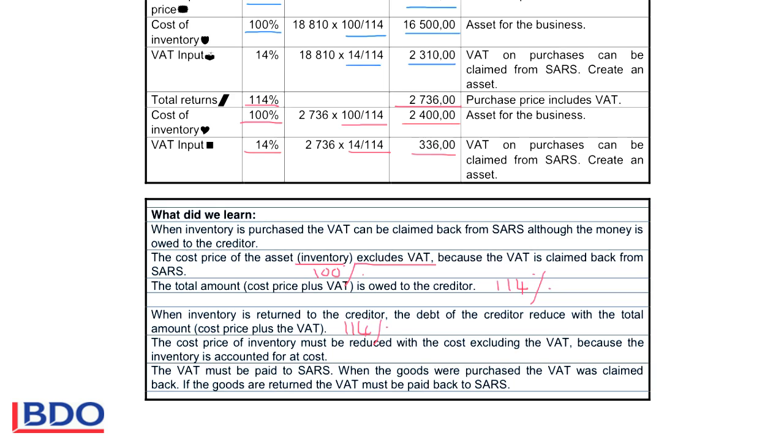So inventory will be reduced with the 100%, that is the cost price, excluding the VAT. The VAT must be paid back to SARS, because when we bought the goods, the VAT was claimed from SARS. If we return goods to the creditor, we owe this VAT to SARS again.